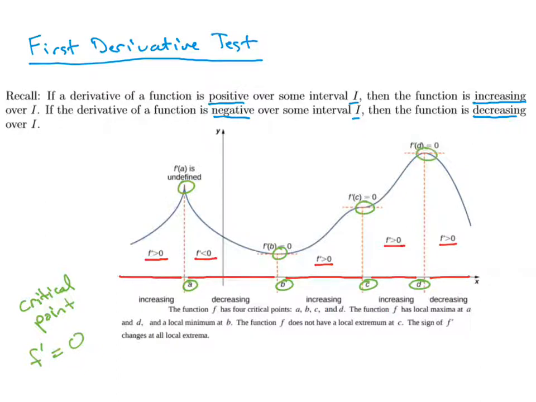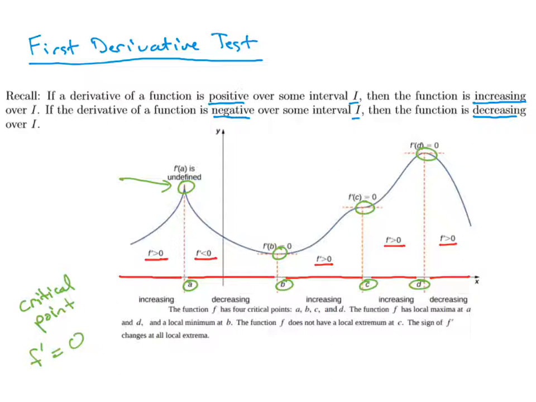Another way of saying this is that the slope of the tangent line is 0, or the tangent line is horizontal, or the derivative is undefined, which is what we have at point A here. Remember, a sharp turn signifies that the derivative is going to be undefined there. So we have critical points A, B, C, and D.